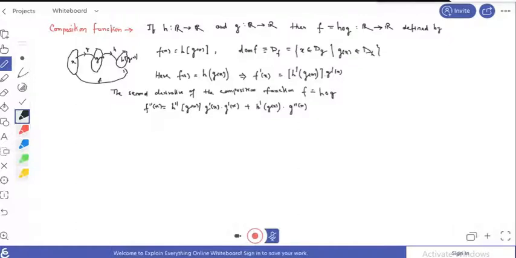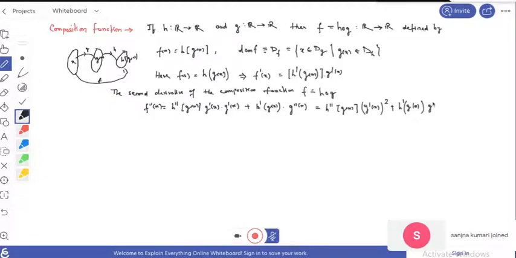Okay, so you can find the f double prime. f double prime is defined as h double prime of g(x) into g dash x square, first term, and then second, h dash of this g(x) with g double prime of x.